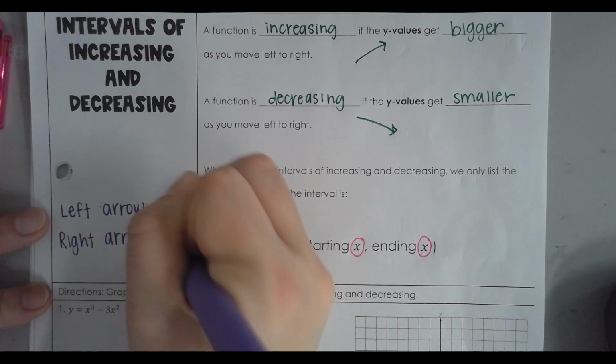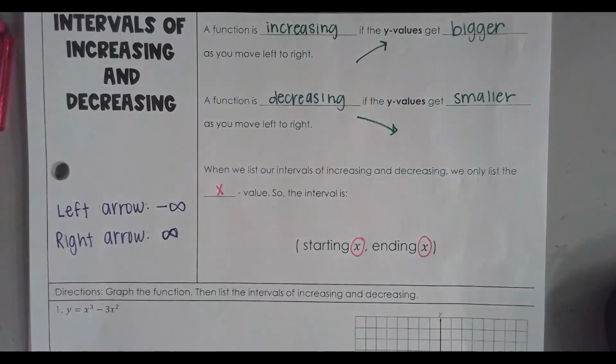And once we get to an actual example, that'll make a little more sense. But anytime we have an arrow, that means it goes forever. So you really couldn't pick the actual starting point. It goes on forever. So if the arrow is on the left, regardless of whether it's pointing up or down, we use negative infinity. If that arrow is on the right, regardless of whether it's up or down, we use positive infinity.